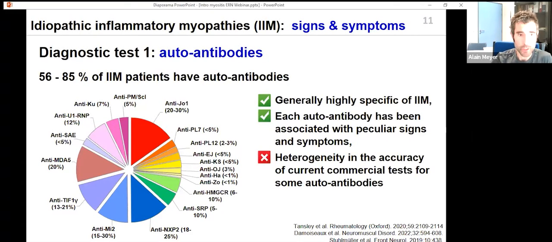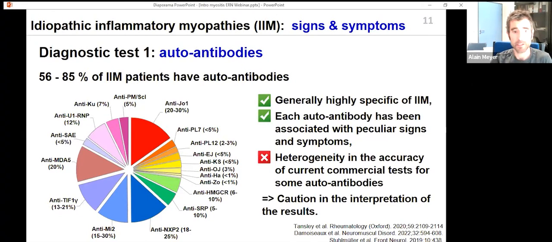Yet, we should be aware that there is an important heterogeneity in the accuracy of current commercial tests for some autoantibodies. And thus, autoantibodies are definitely useful to diagnose and classify inflammatory myopathies, but caution must be taken in the interpretation of the results.